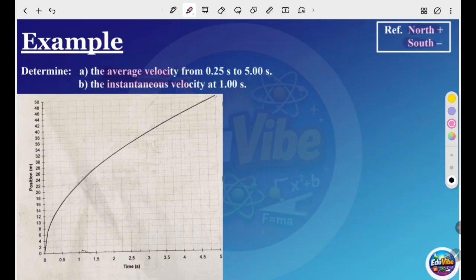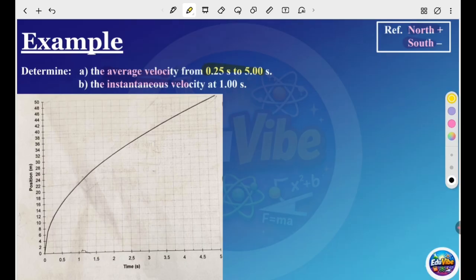For average velocity first, we have a particular time interval, which is 0.25 seconds to 5.00 seconds. Firstly, we have to make the secant for this.